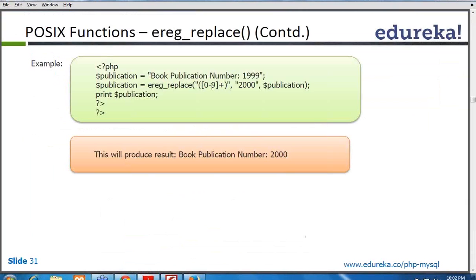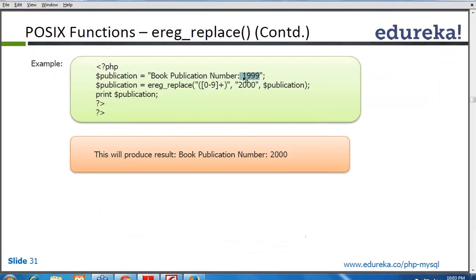Here I'm searching 0 to 9 plus, which means one or more digits. So 0 to 9 means digits, plus means one or more. In this particular publication string, I'm going to search digits that are more than 1, and in this case it is 1999.